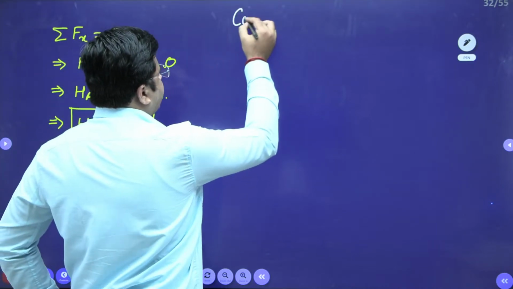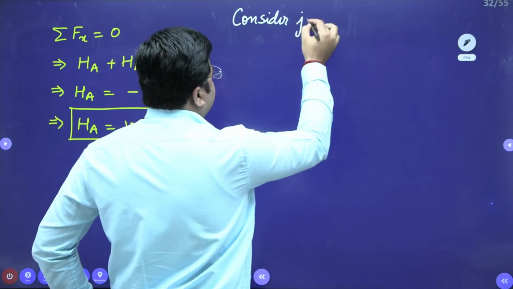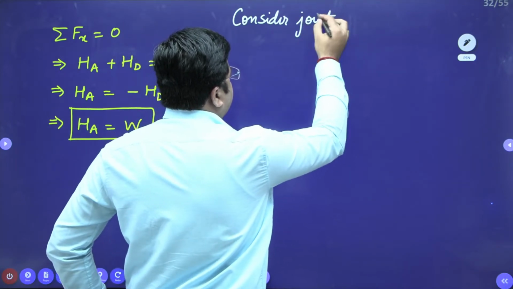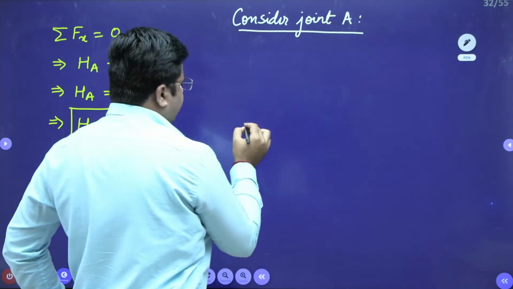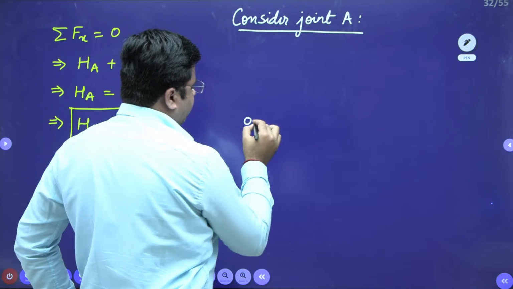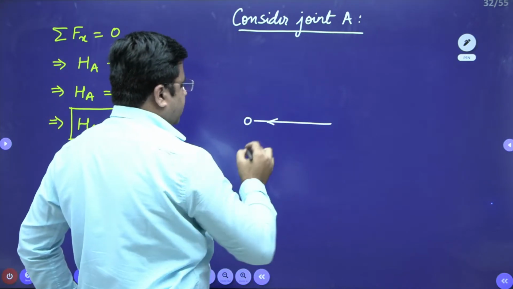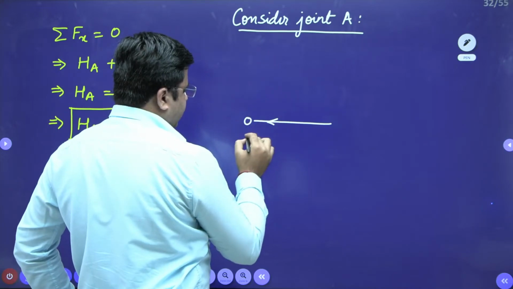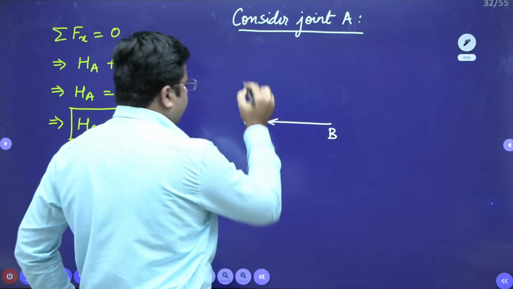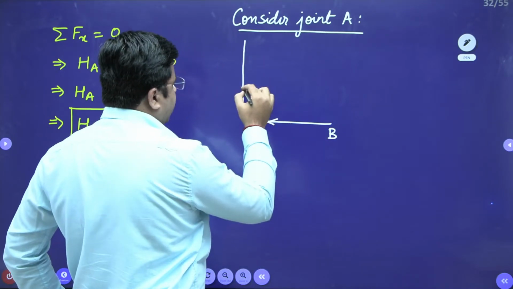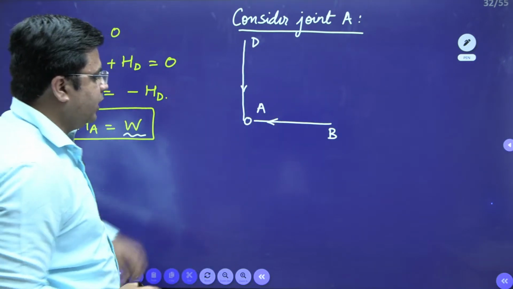Considering joint A, I have one force acting like this. I have assumed this to be compressive. This is A, this is AB, force in the member AB, and then I have force in the member AD. This is force in the member AD, right? This is also I've assumed to be compressive.